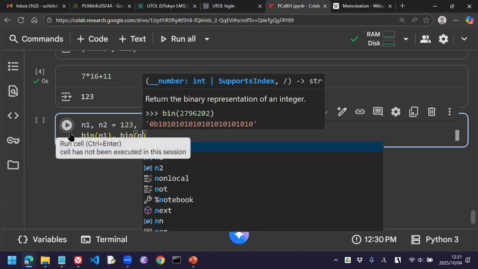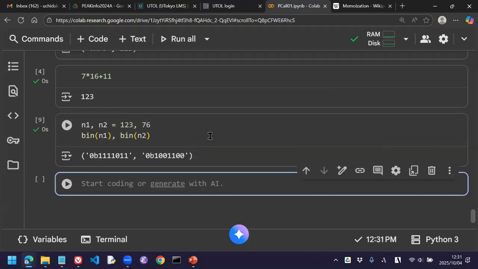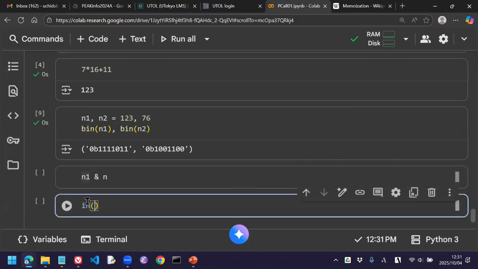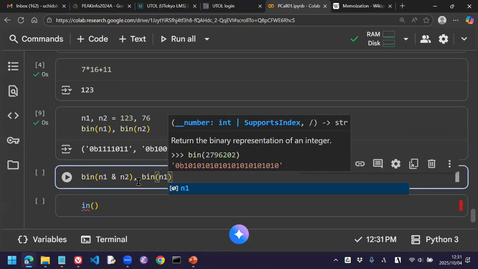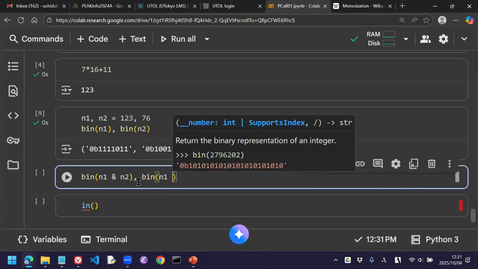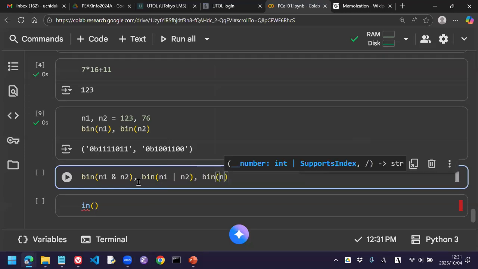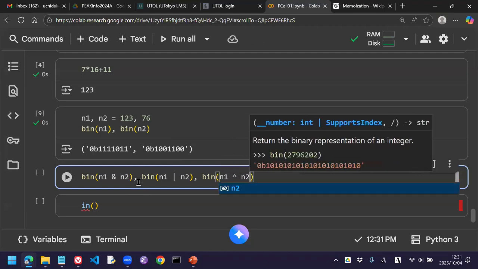If we take the binary of n1 and n2, the binary of n1 or n2, and the binary of n1 exclusive or n2, these will get us the results.